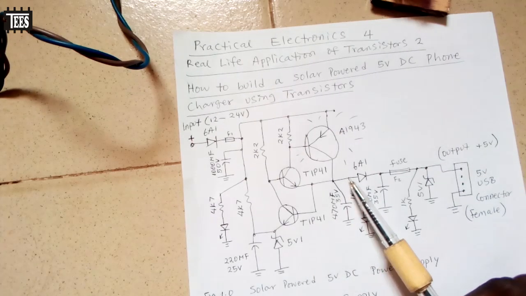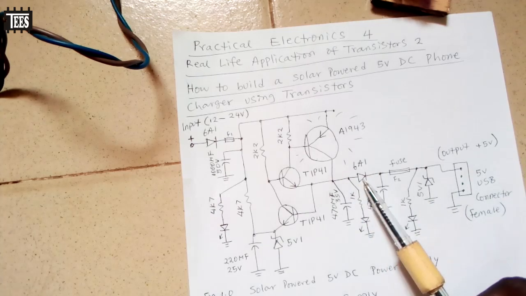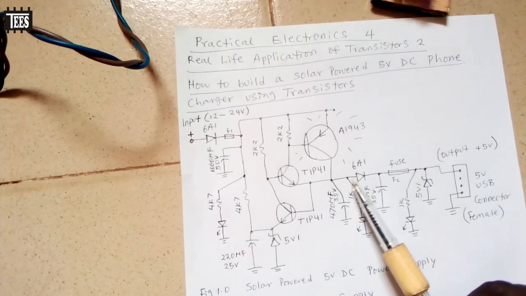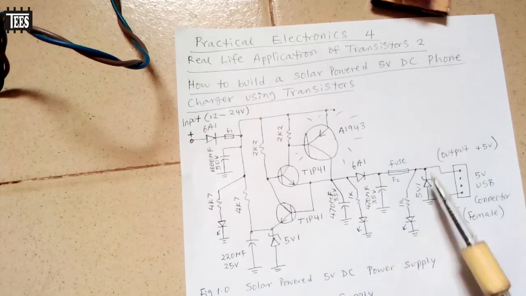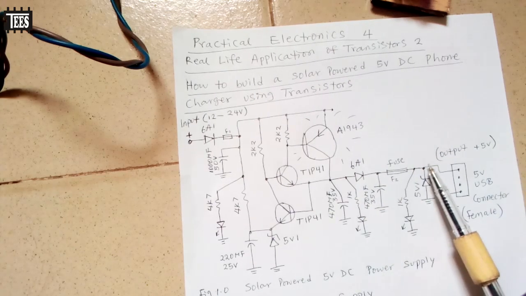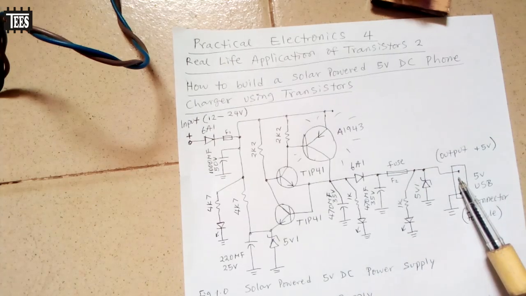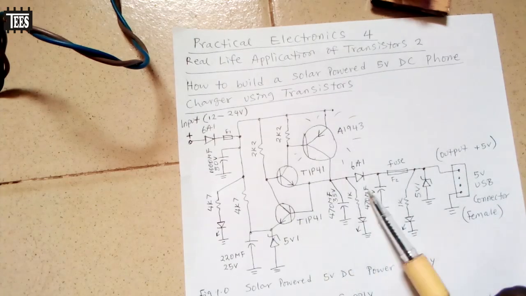You can see that 5.7 volt is too high for our phone, so I have to put this diode here. It's going to drop 0.6, so you're going to get 5.0 volt or 5.1 volt here, which is okay for our phone. So that's how the system works.